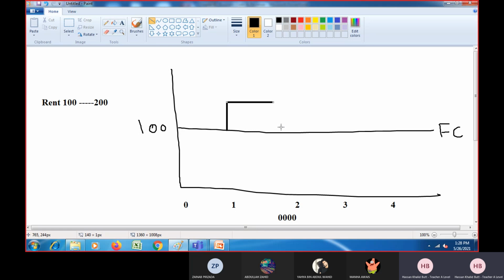Simple as that. So your rent will increase. Now it will reach 200, but it has nothing to do with the level of output. Again, after some time, maybe the rent may increase further. This is quite possible. And then again it goes flat. And this flat line means that it has no link with the level of output at all.